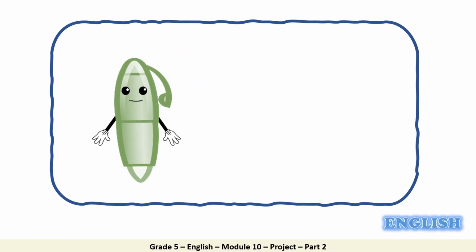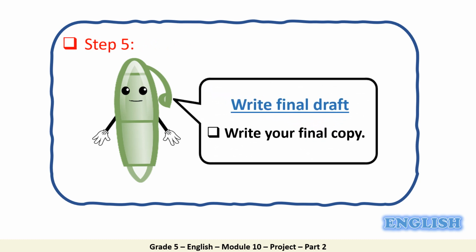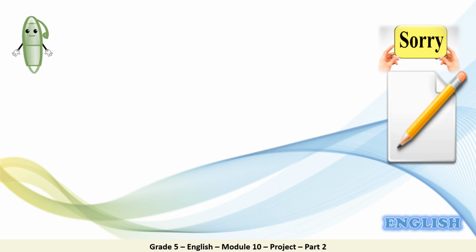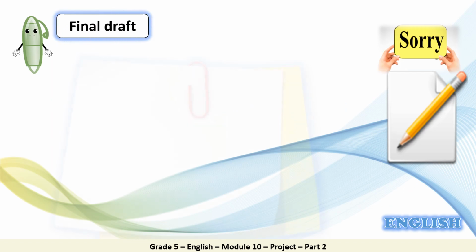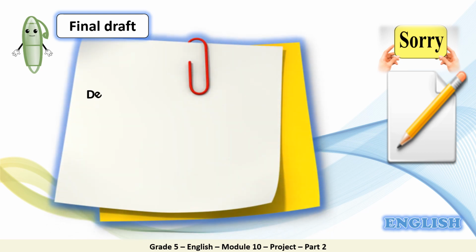Now we are in the fifth step, final draft. Here we are going to write your final copy. Here, final draft. Dear Hamad, look here, capital letter D, H also capital letter, and comma.